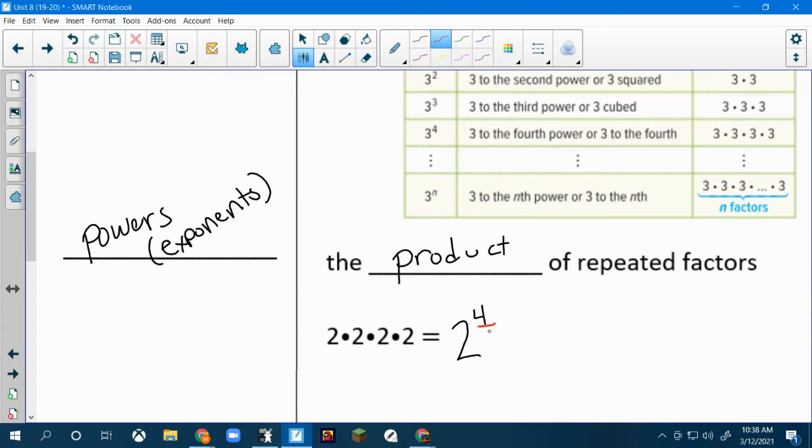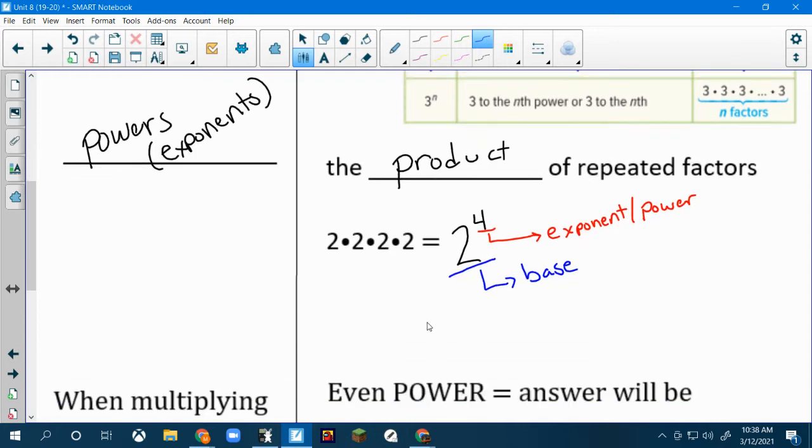This here is your exponent, also known as your power. This big number, we call this the base. So two different numbers in these: you have your base number, that's the big number, and then the power is the smaller number up top, also known as an exponent.